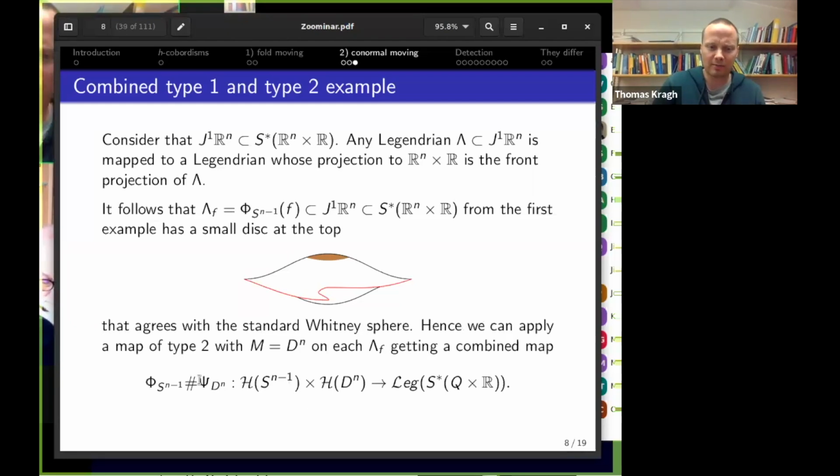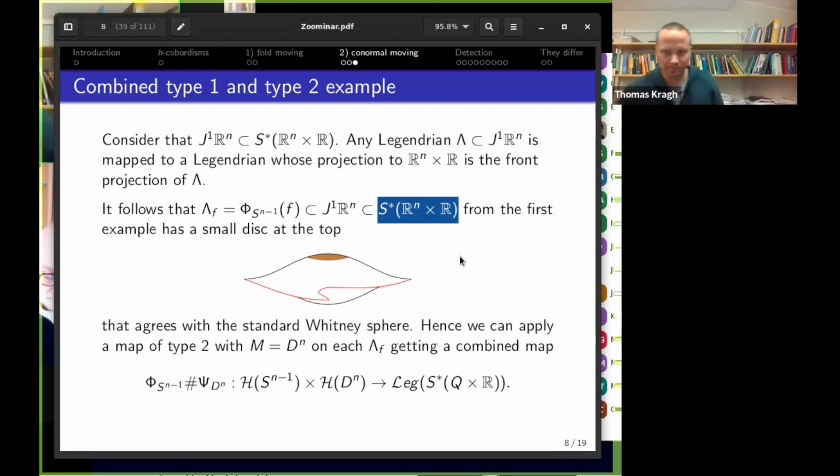I write it suggestively as a connect sum because somewhere in between it's constant. But it's just saying that if I take an h-cobordism in Sn-1, it's moving the fold. But at the same time, I also take an h-cobordism in Dn, this brown disk, and then I move this top accordingly and take the conormal of that up here, not in Jet1, in here, in the unit conormal of Rn cross R.